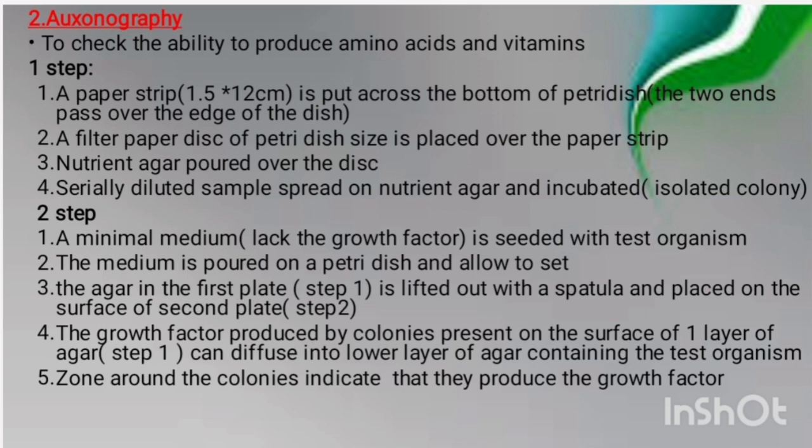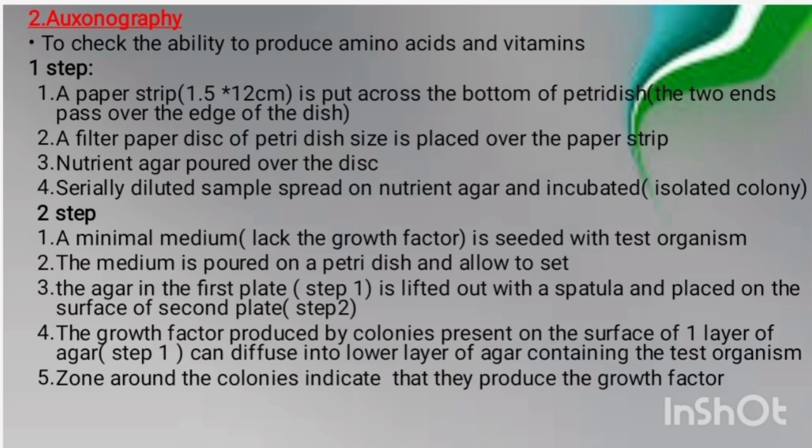So the growth factor produced by colonies present on the surface of the first layer of the agar can diffuse into the lower layer of the agar containing test organism.